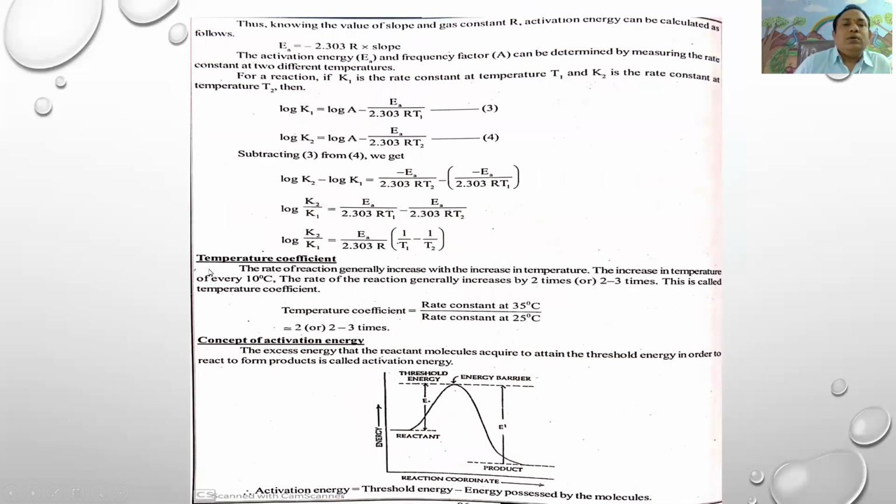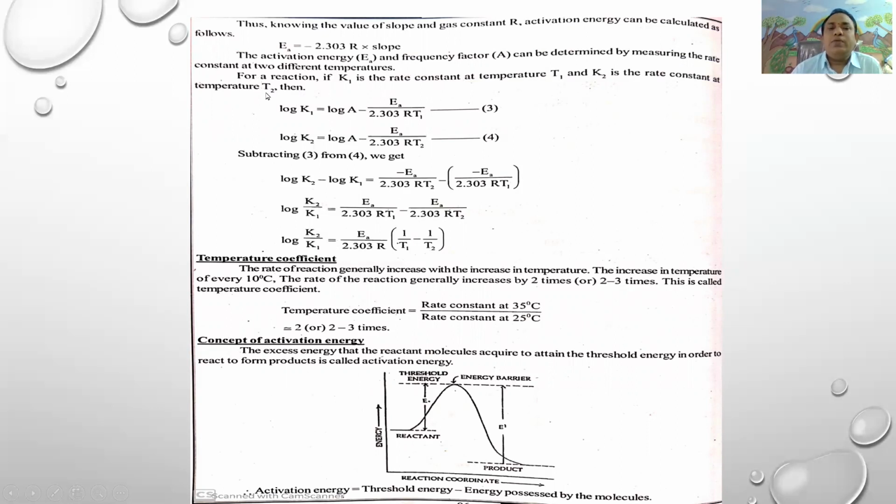Next one, knowing the value of slope and gas constant, the activation energy can be calculated as follows: Ea equal to minus 2.303 R into slope. The activation energy Ea and frequency factor A can be determined by measuring the rate constant at two different temperatures, T1 and T2 degrees centigrade.